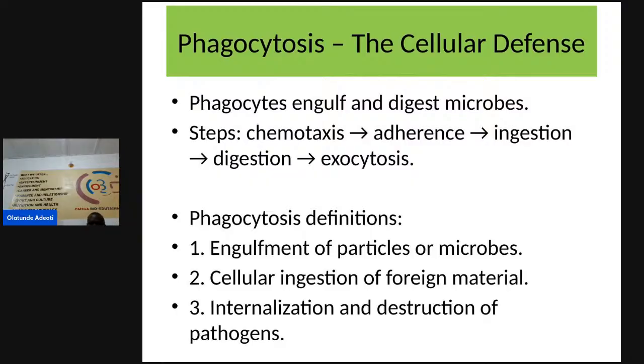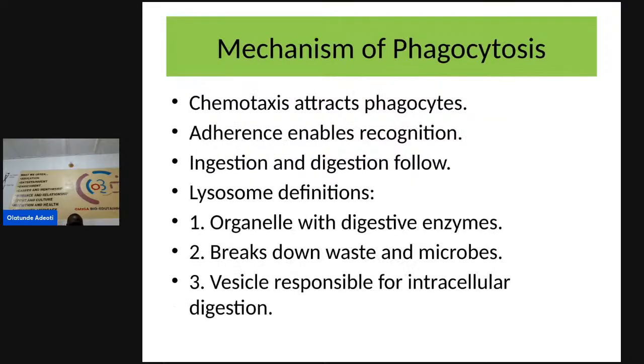The next one is that phagocytosis can also be defined as the cellular ingestion of foreign material. Another point of the definition is internalization and disruption of pathogen. So phagocytes have the ability to internalize and also destroy that kind of pathogen.